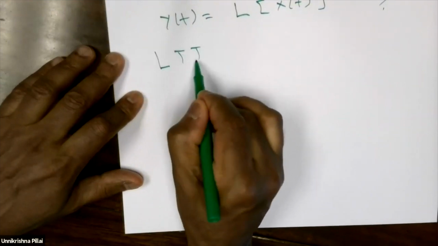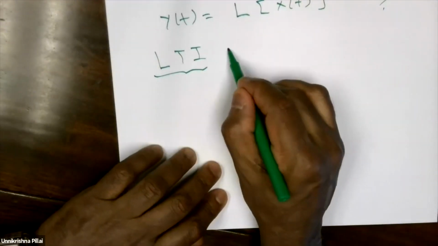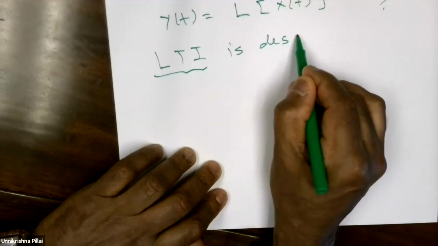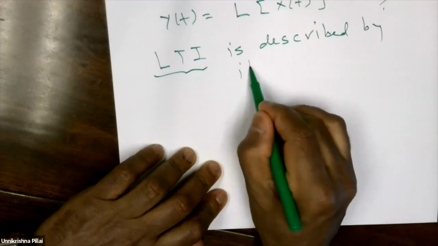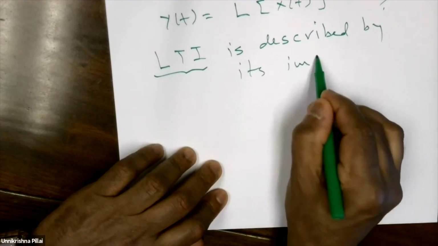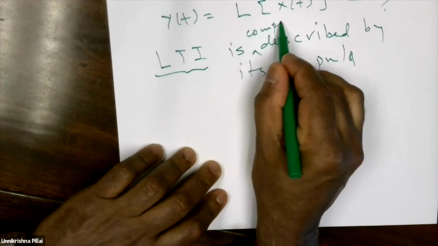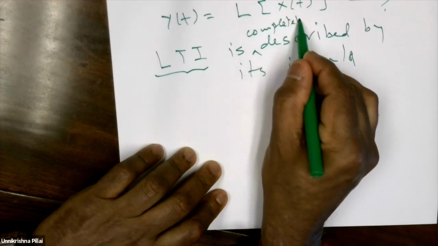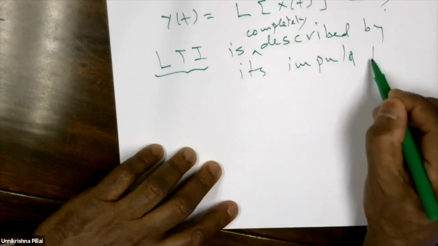Linear time invariant systems, the short notation is LTI. I don't know whether you know this. So this is a result also. A linear time invariant system is completely described by its impulse response.